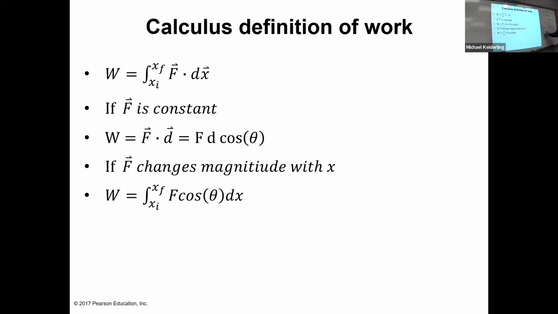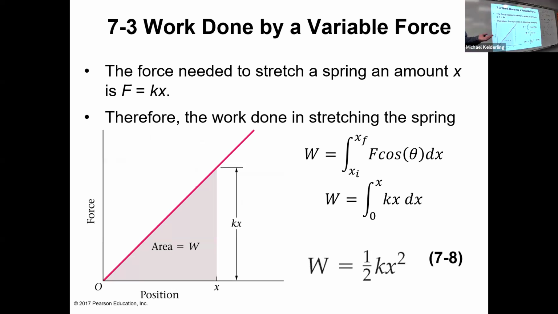So this is a spring. So the force needed to stretch a spring. So this is the work done by a spring. The work done on the spring will be, the force on the spring is just going to be kx.